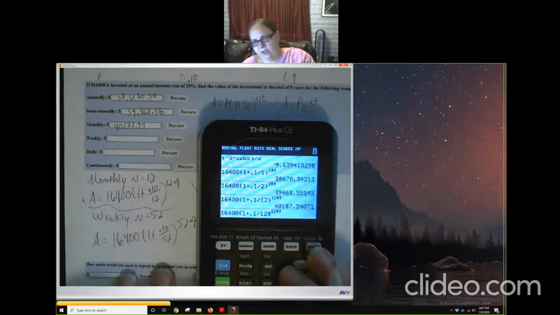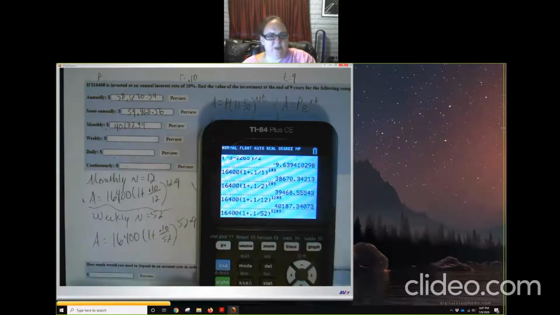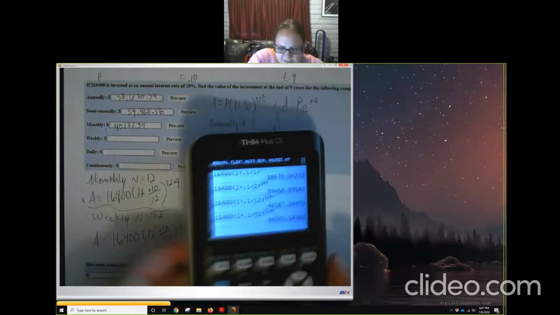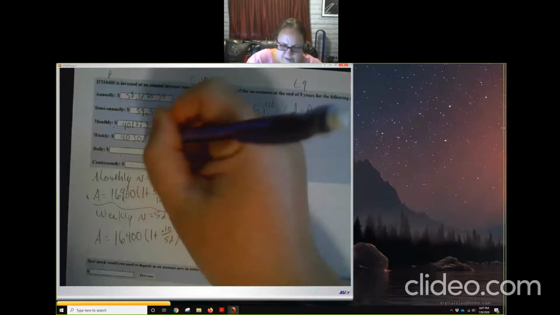So instead of 12, that's 52. And again, that's because there are 52 weeks in a year, and this says weekly. That means they're going to pay me interest once a week instead of once a month. $40,302.64.